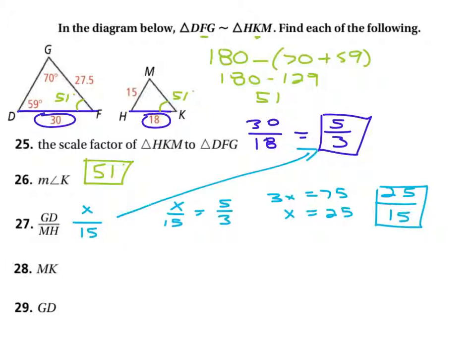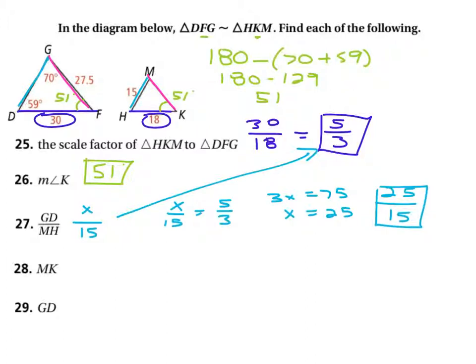Now, MK, what's the length of MK? Well, in the same way, let me just mark GD so you can see what we were looking at there. That was that side and that side. Now let's take a look at this pink side, because we're going to try to find out what MK is.